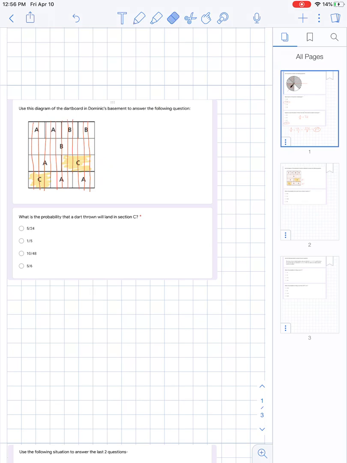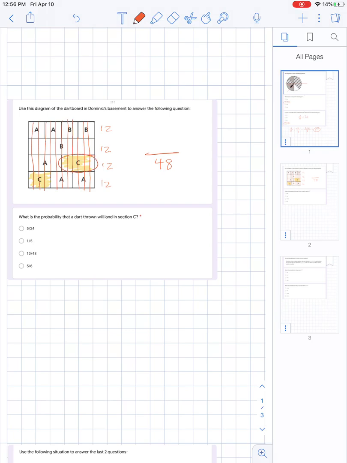Well, if we look at what we have here, I see the entire block now, right? Because that's our whole. If we broke this into 12ths, 12ths, 12ths, 12ths, our denominator is 48. There are 48 possible little spots that you could land.